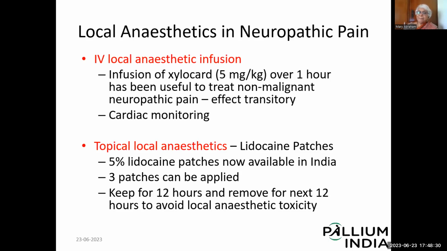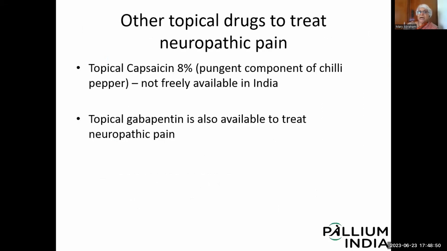Now, local anesthetic patches are also available. They are called lidocaine patches. 5% lidocaine patches are available now in India. We can apply up to 3 patches per day, but you should keep them on for 12 hours and remove them for the next 12 hours to avoid local anesthetic toxicity. The other drugs used to treat neuropathic pain are topical capsaicin and topical gabapentin.